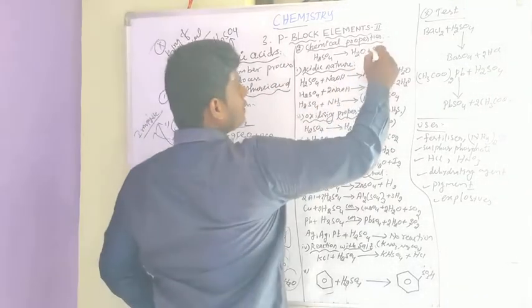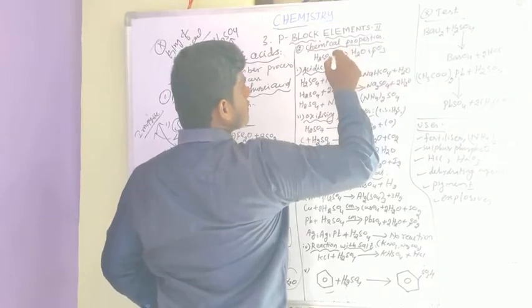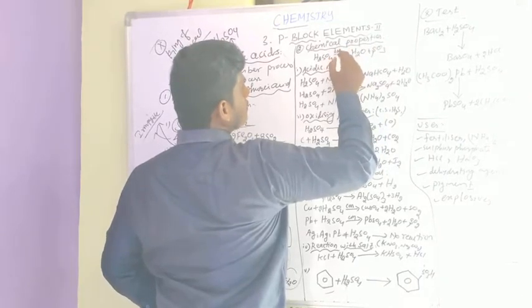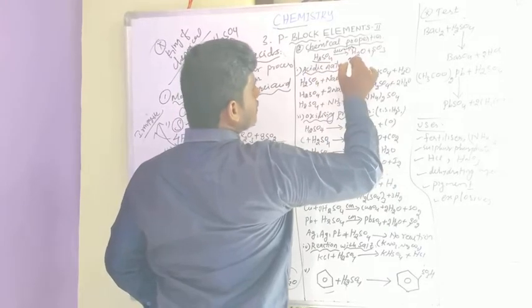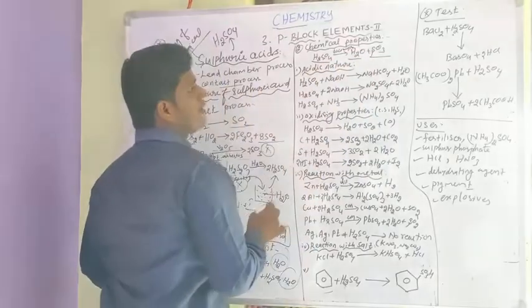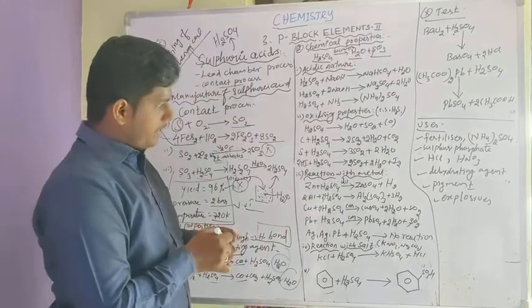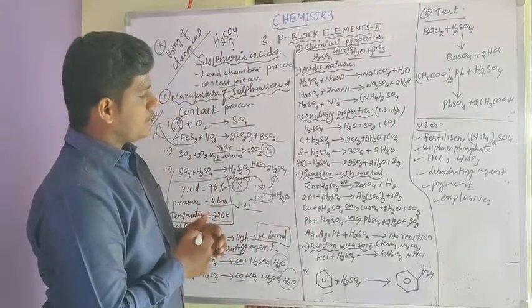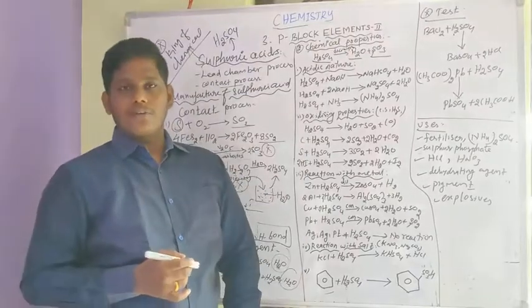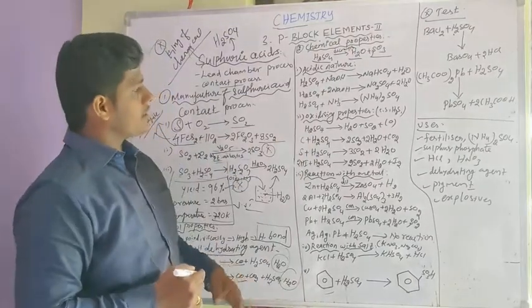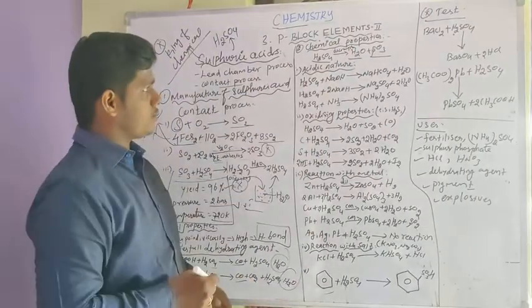It is an important compound. In most reactions sulfuric acid produces a water molecule and sulfur trioxide, and in some cases it gives sulfur dioxide also.